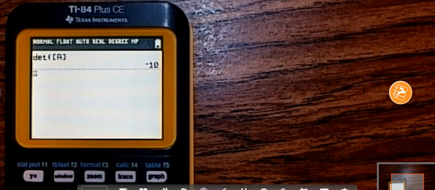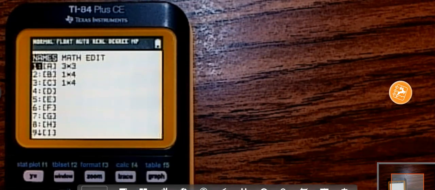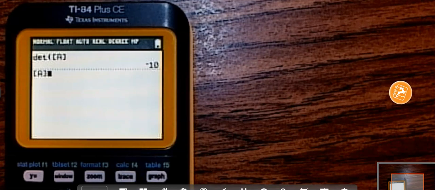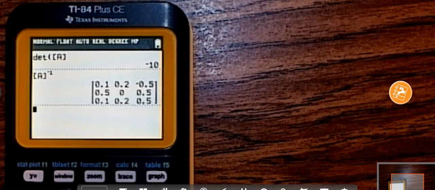So, matrix A, and then the button that, on my calculator, has the x to the -1. Now I hit enter. There it is. There is your inverse matrix.